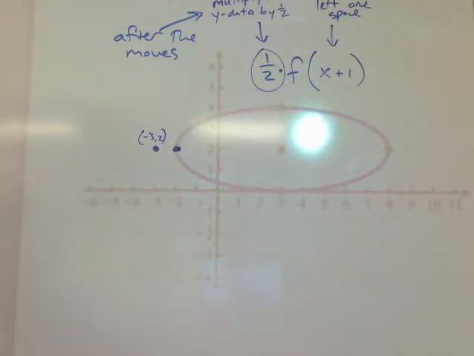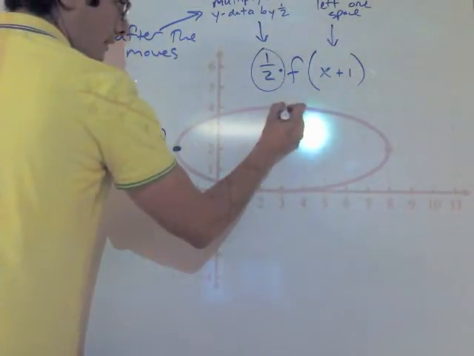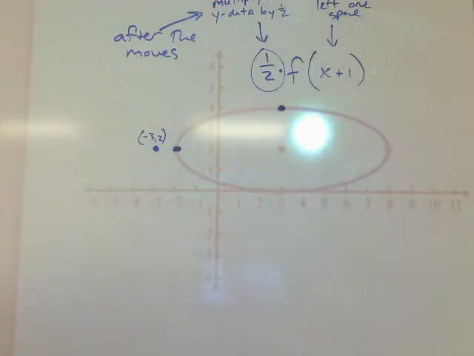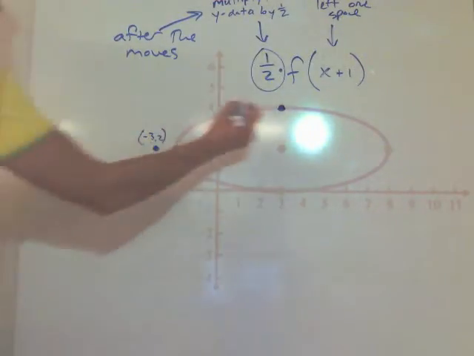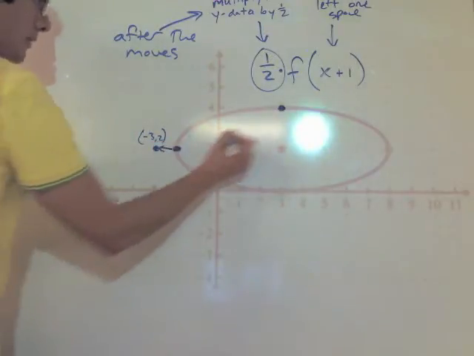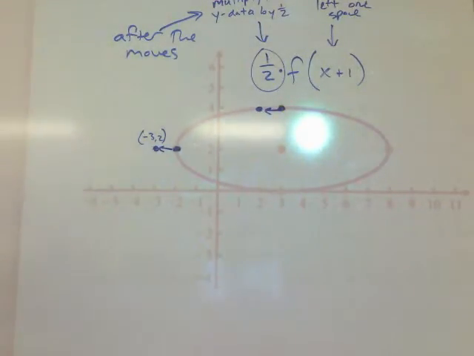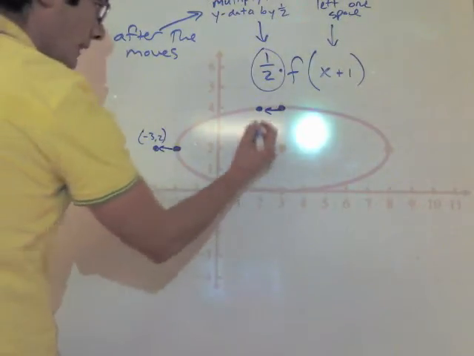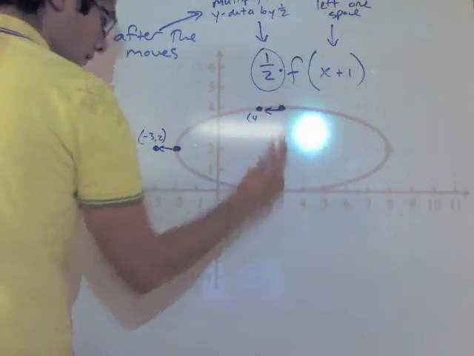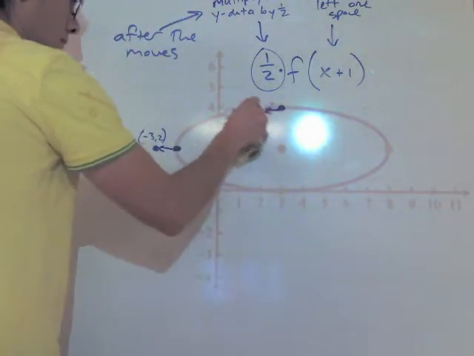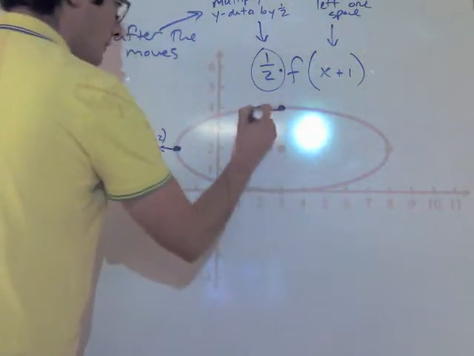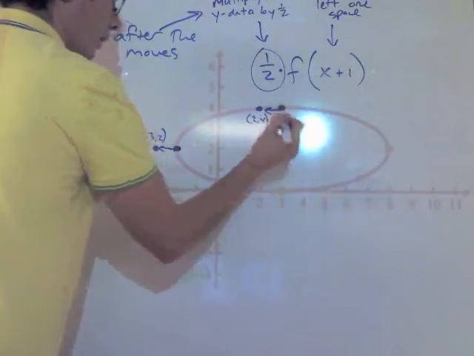Then we go to the second one. We'll do the one on the top. The first thing we have to do is move it to the left 1 space. So if I move it to the left 1 space, I get there. That is the new point 2, 4.